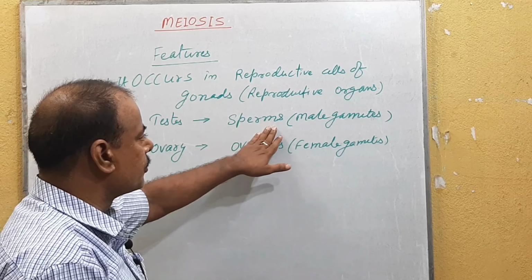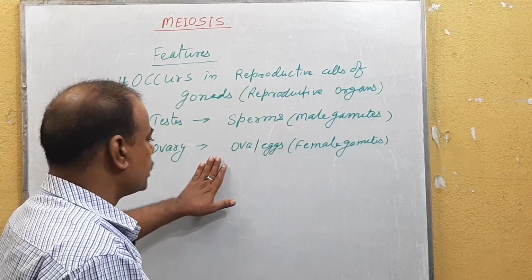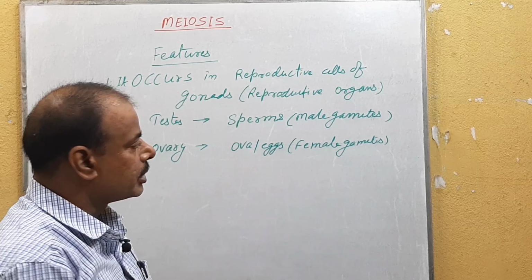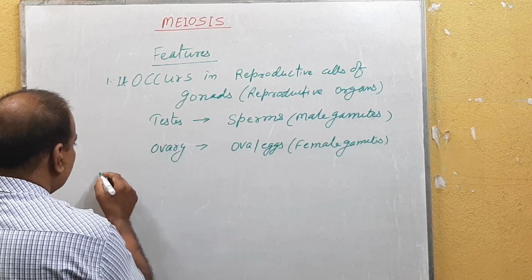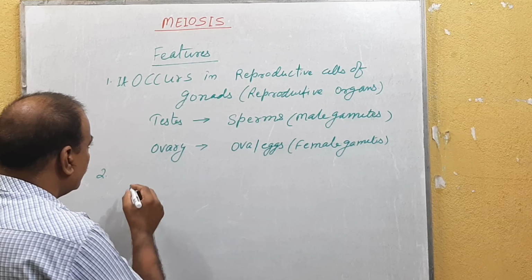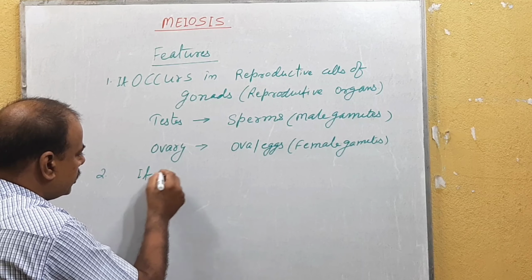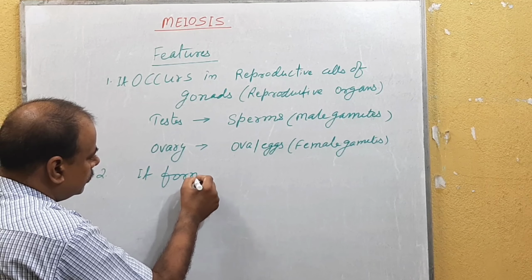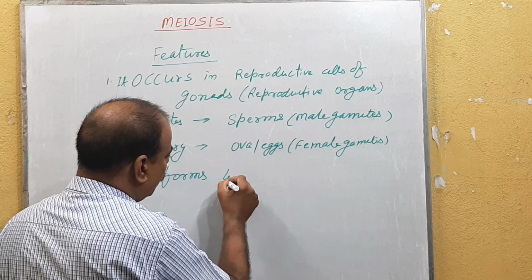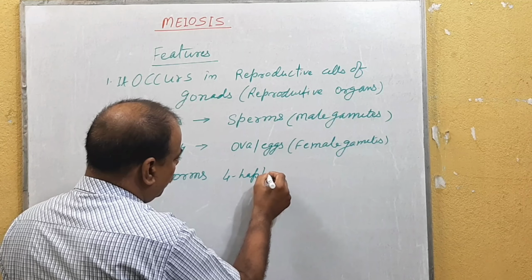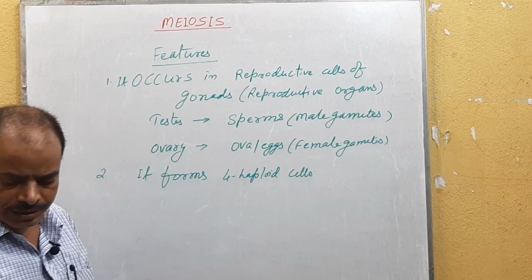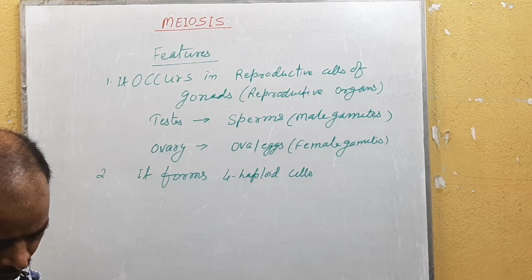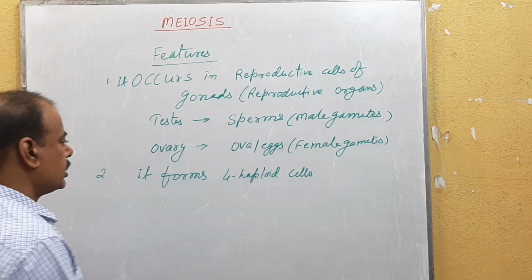In testes, sperms or male gametes form, whereas in ovary, ova or eggs, meaning female gametes, form. The second feature: it forms 4 haploid cells.